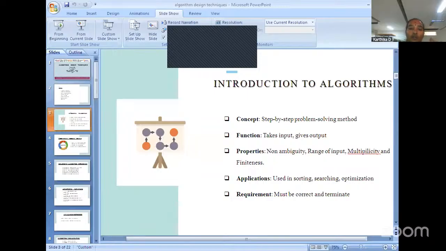So big O notation represents the upper bound of the running time of an algorithm, so that it gives the worst case complexity of an algorithm. It is the most widely used notation for asymptotic analysis. It specifies the upper bound of a function. The maximum time required by an algorithm is called worst case time complexity.